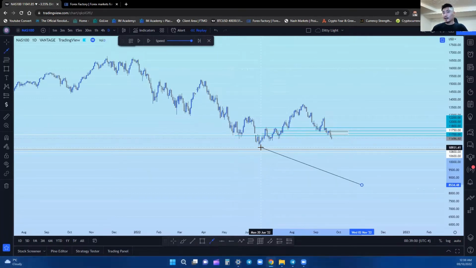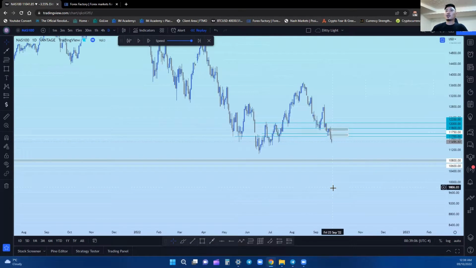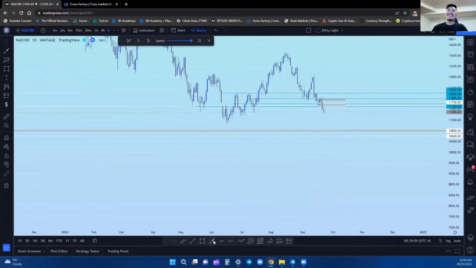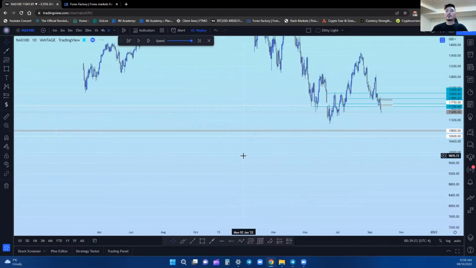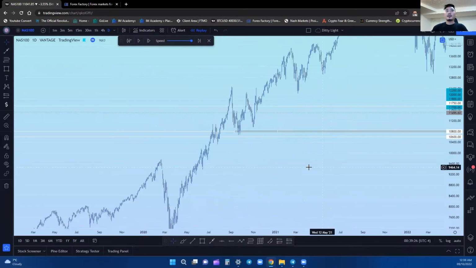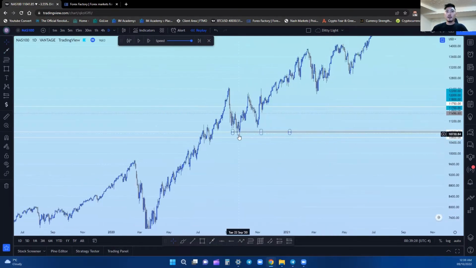So I knew that we were bearish, so I was like, okay, cool. So if we are creating a lower low from this area, where can potentially the price bounce back up, right? So I was looking left, and then I see this area here.